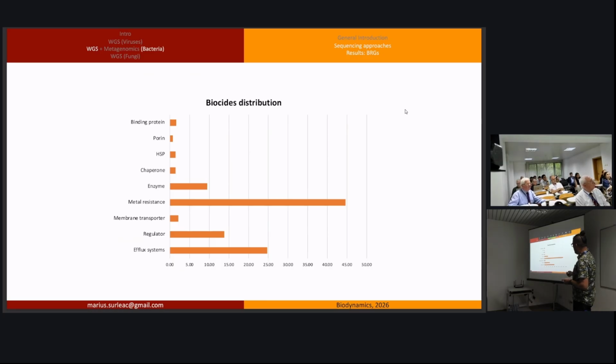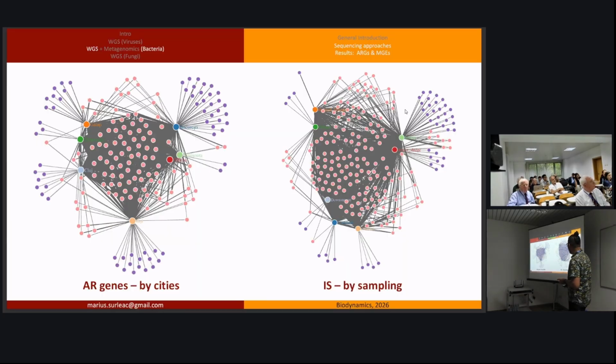So even if some bacteria didn't interact with an antibiotic, it can acquire antibiotic resistance due to the presence of biocide resistance genes. And we have some other graphs in which we look at the antibiotic resistance genes or the insertion sequences in different cities, in this case.